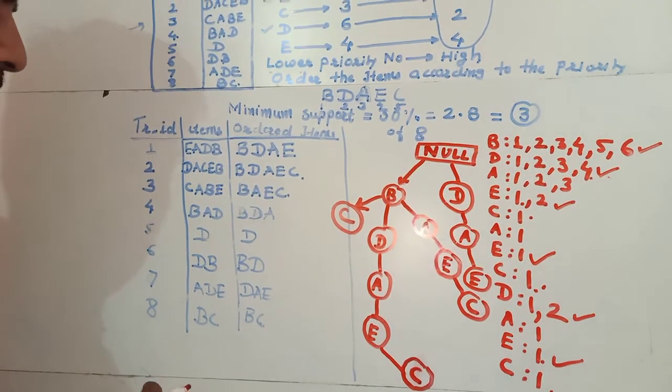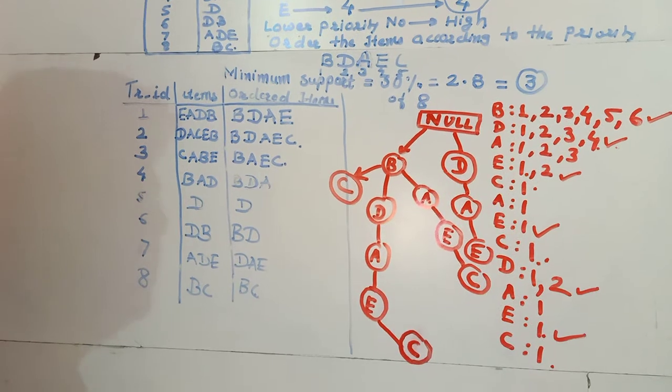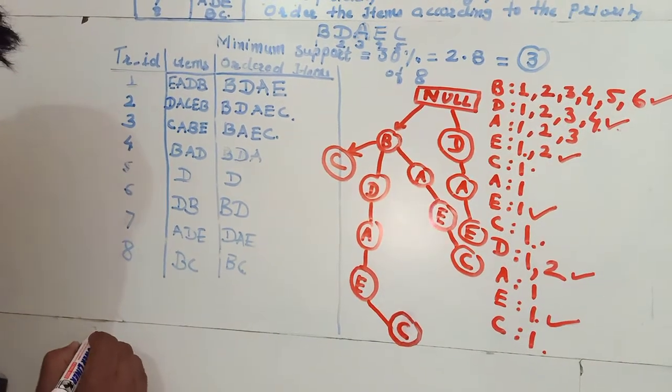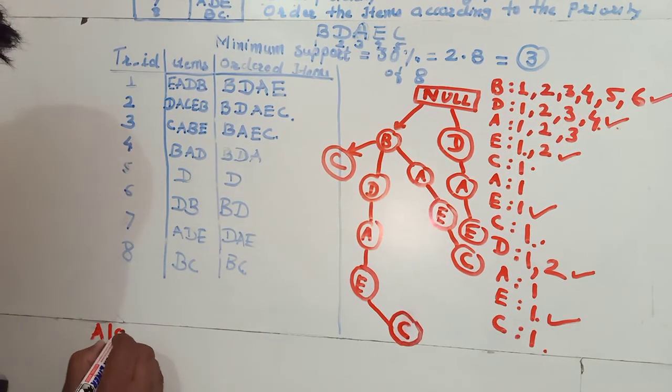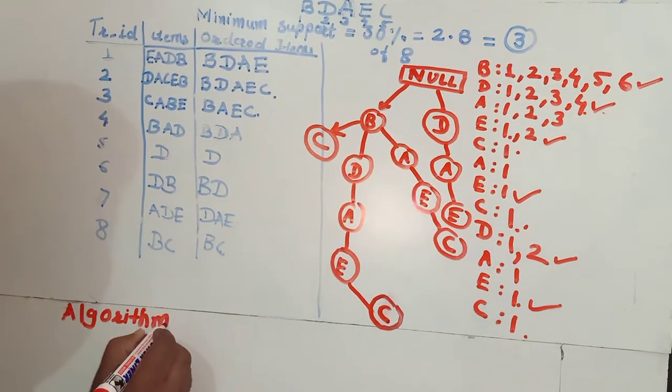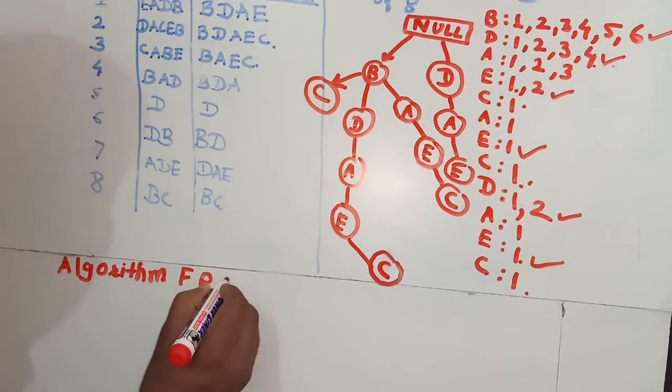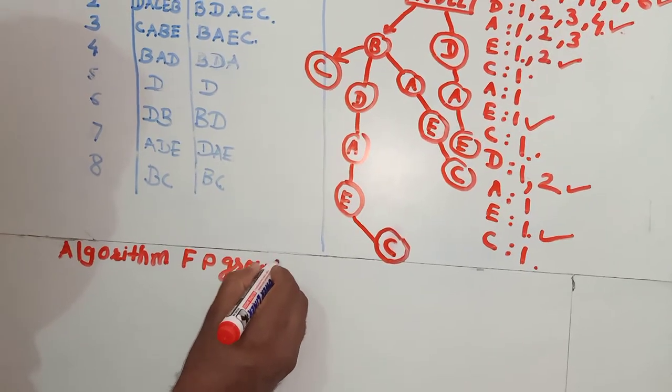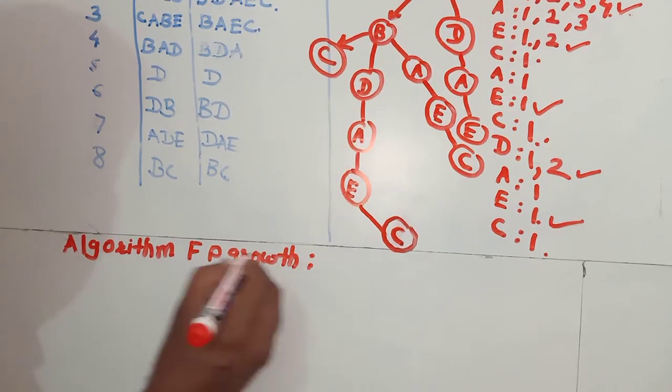And the simple text, if we write down the text of this algorithm FP growth, there are 3 simple statements we can write down for the algorithm FP growth, right?